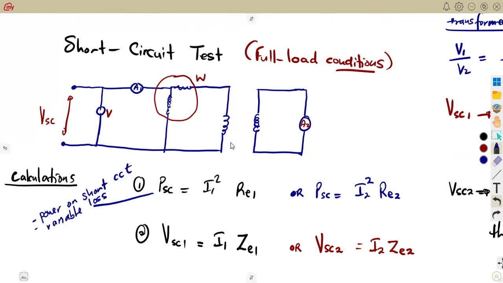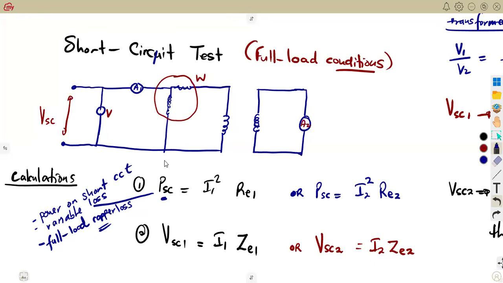We use this when calculating our copper losses. Remember, these are I squared R losses. These are the copper losses. So they can ask you that as a full load copper loss. They're still asking you one and the same thing. The same power that you're talking about there can be given in that way.